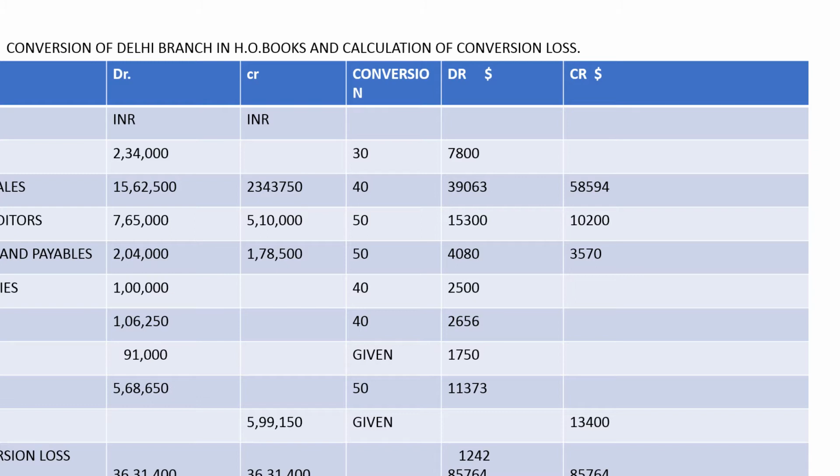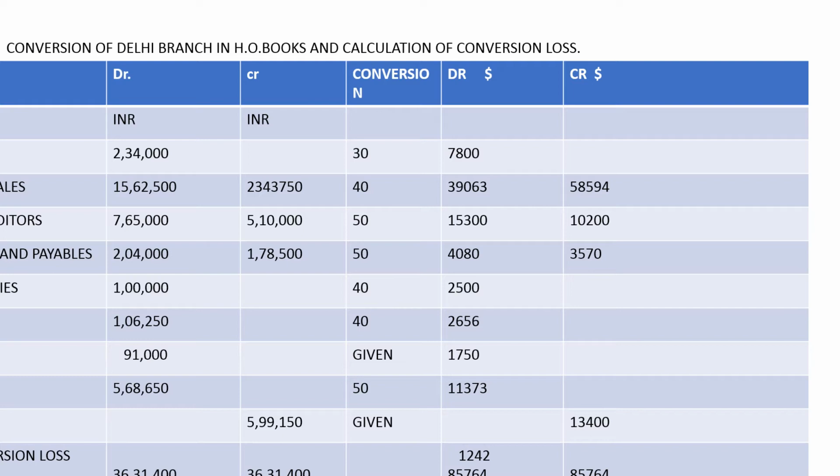Then bills receivable and bills payable: 2,04,000 and 1,78,500. If you divide by closing rate 50, bills receivable comes to 4,080 and bills payable comes to 3,570.